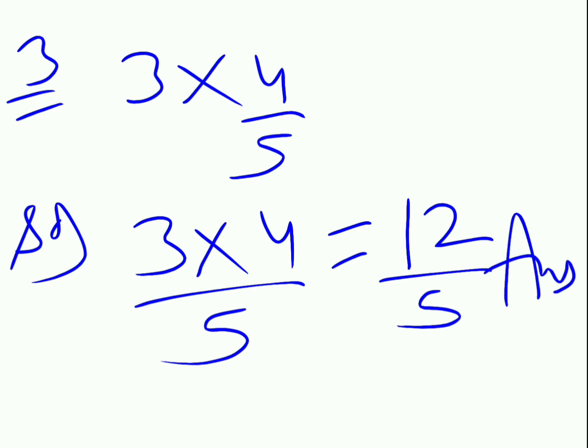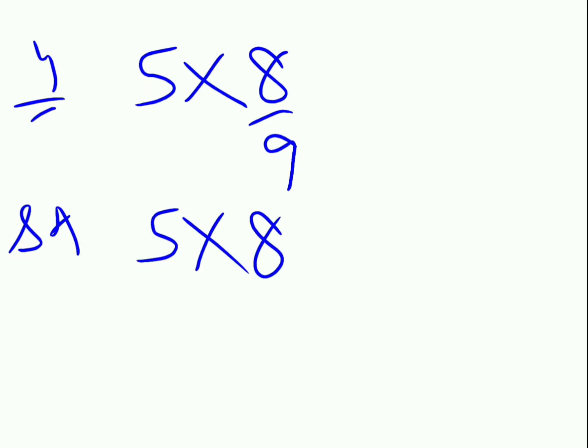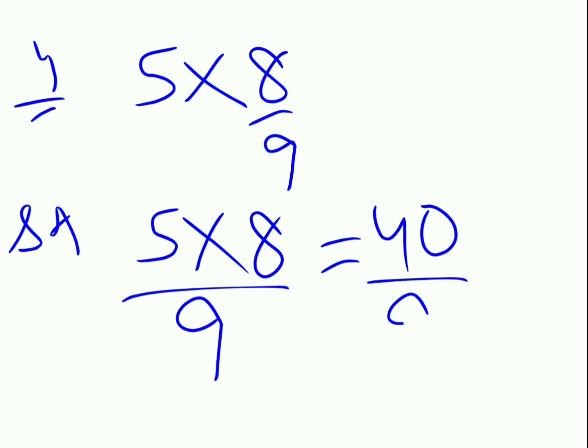Clear? Now we do the fourth part, 5 into 8 upon 9. So you know that the whole number is 5. 5 you have to multiply by 8 and the denominator you will write as it is. So the answer will be 40 upon 9. This is the answer. It's a simple question.